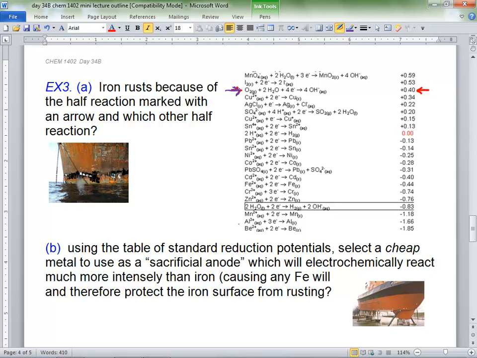To explain rust. What would be the other half reaction? All right, so one of them has to involve this guy, right?